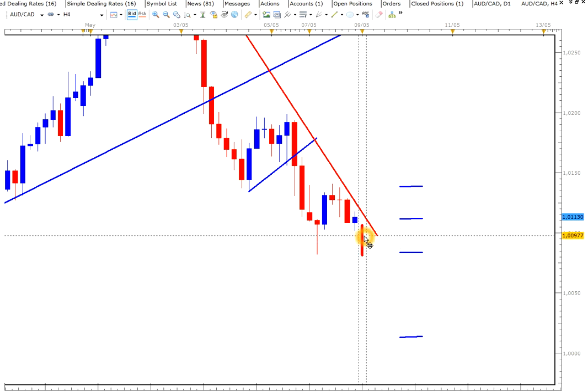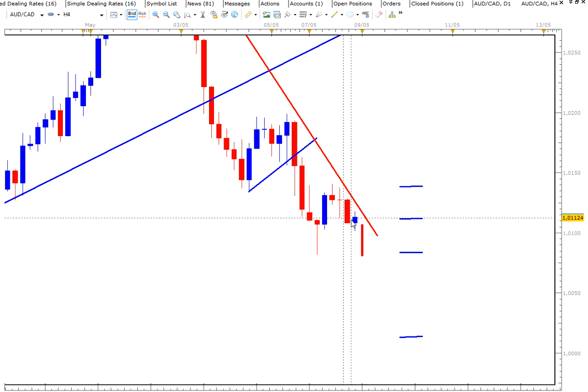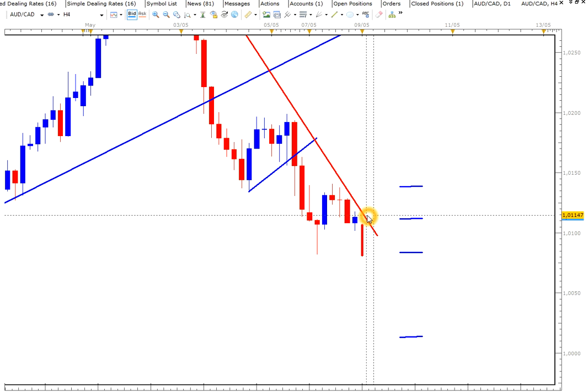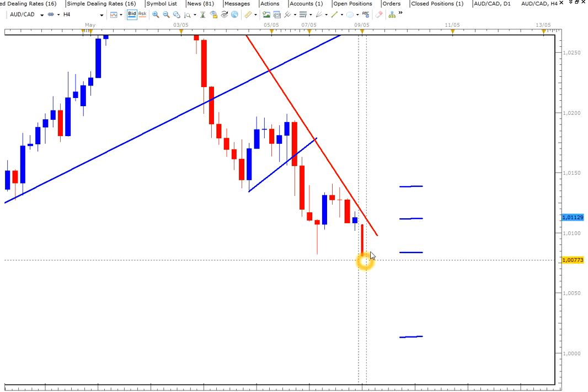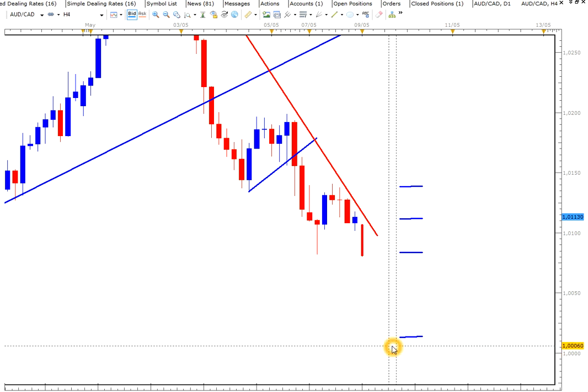So once the signal is given, the next step would be to go on a 1-hour chart to determine if there's a strong enough stop loss area to justify using it to protect our trade as the market continues its bearish move.